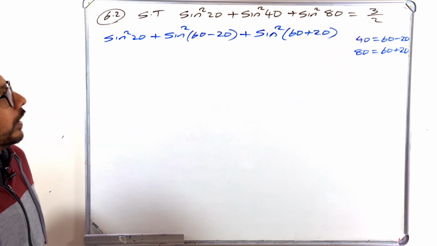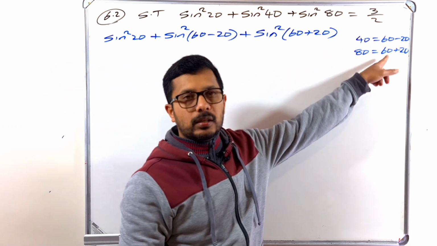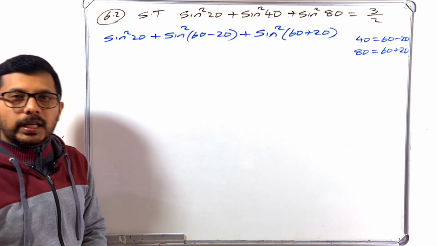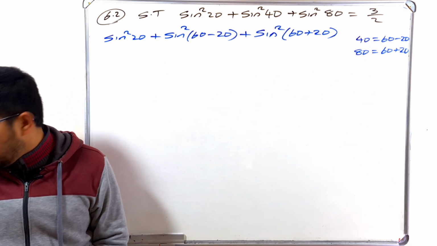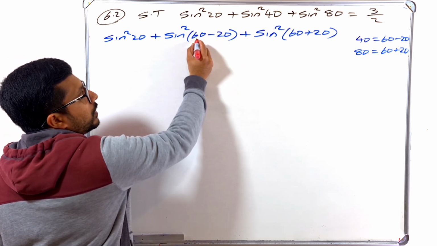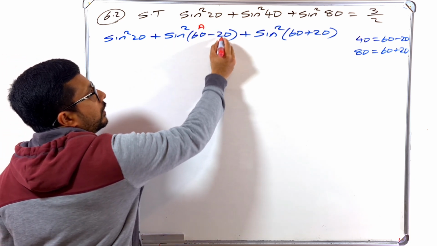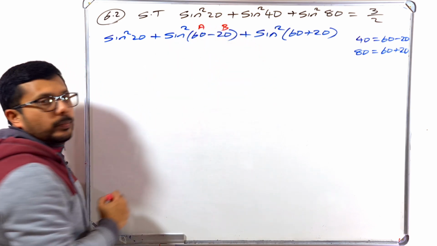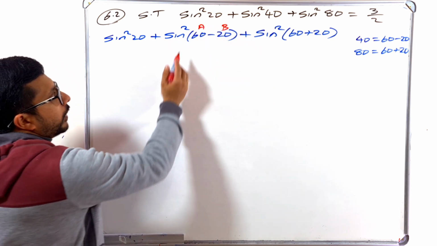Okay, like what they said, we wrote 40 and 80 this way. Now try to understand like this. This 60 if I call it A, and this 20 if I call it B. Okay, is it not like this?